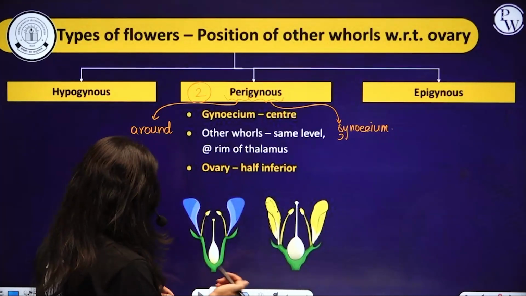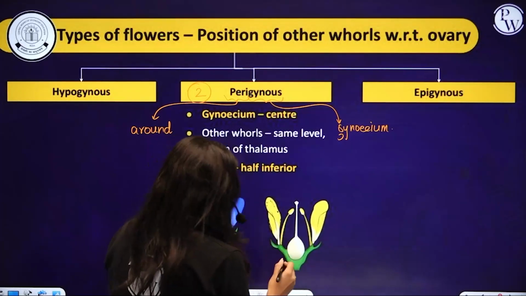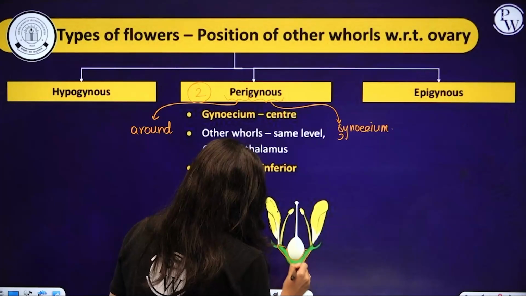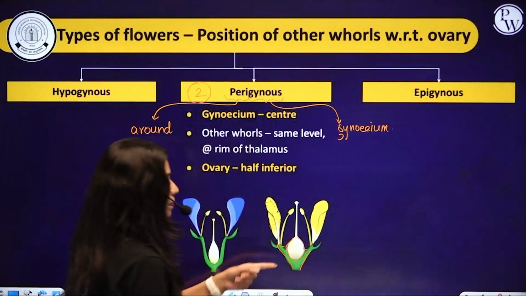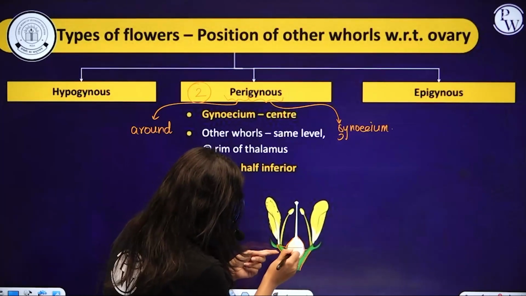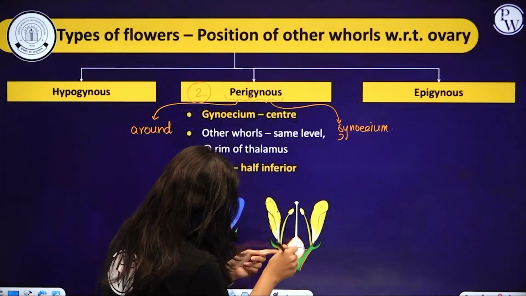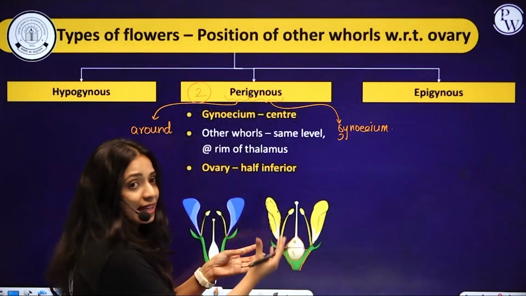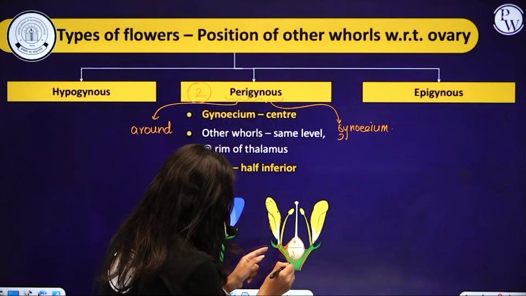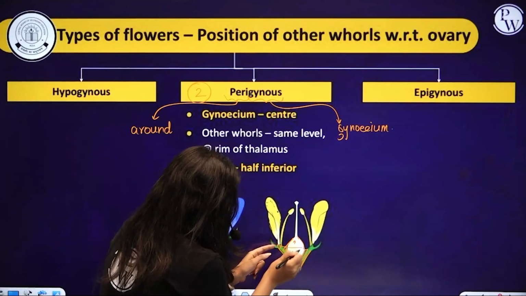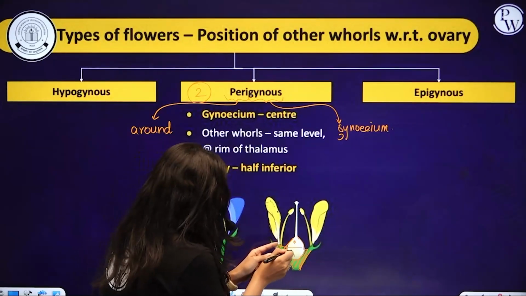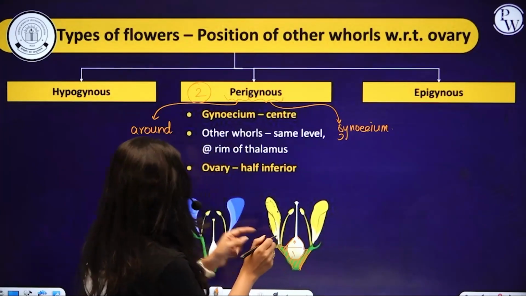Here you can see the thalamus forms a cup-like structure. At the center, you will find the ovary. This ovary is half inside the cup, half outside, half inside the thalamus, half outside the thalamus. This green structure represents the thalamus.